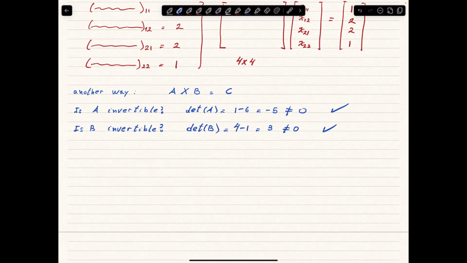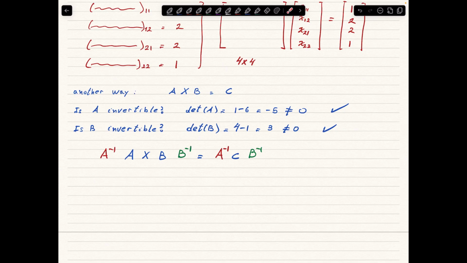So here is one thing we can do. If we have matrix A invertible acting on X acting on matrix B, all that equal matrix C, we could very well multiply from the left the whole equation by the inverse of matrix A, because it exists, because the determinant is different from 0. And then on the right, we can multiply by B inverse.